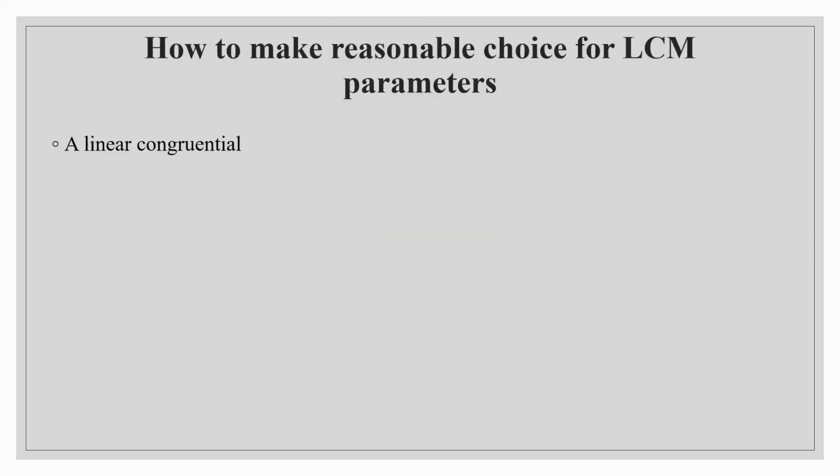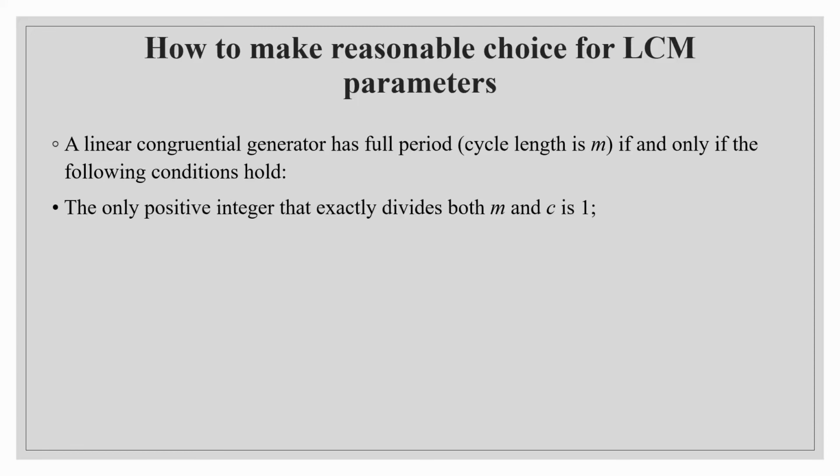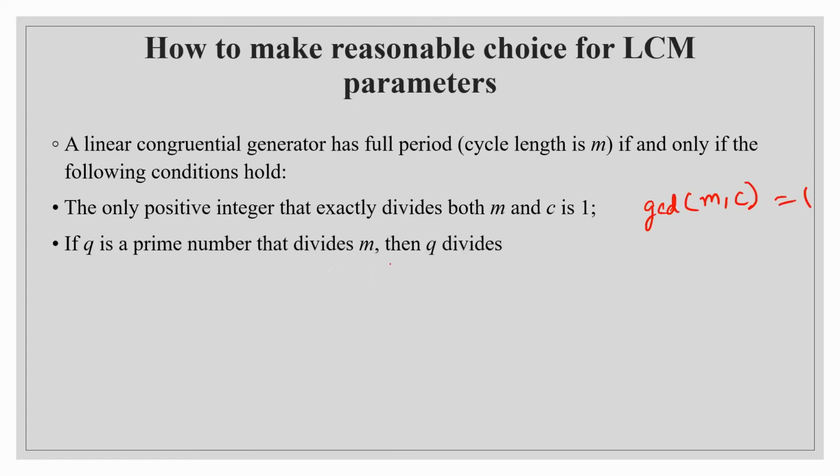It says that a linear congruential generator has a full cycle m if and only if these three conditions are true. The first condition is that the GCD of m and c should be equal to 1. The second condition is that if q, a prime number, divides m, then q must divide a minus 1.